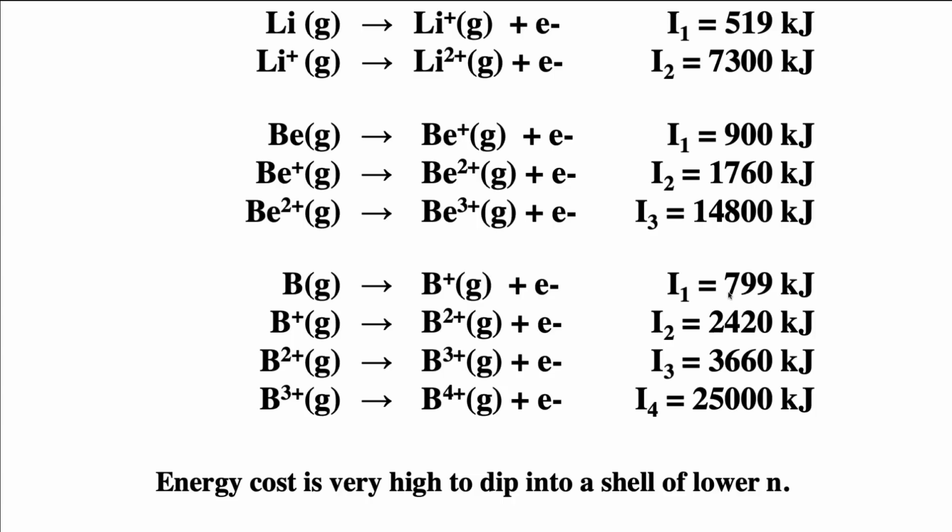Boron, not too bad for the first three. That fourth one takes a lot, and so sometimes boron would form +3 ions. The energy cost is very high to dip into a shell with lower n. When you remove that first electron from lithium, you're doing it from the 2s orbital. The second electron, you're actually taking from the 1s orbital.